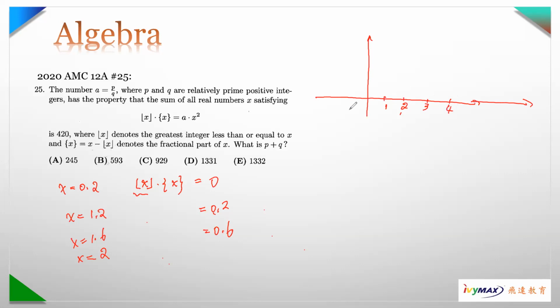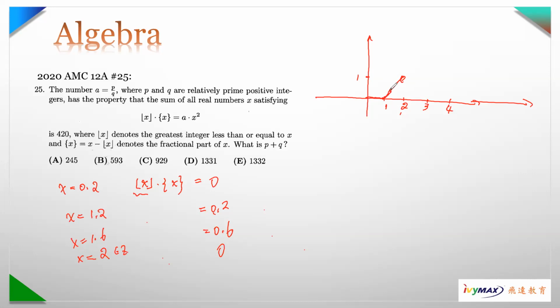Initially from 0 to 1, that gives you 0. And 1 to 2, okay? It will increase linearly before it reaches 1. But when it reaches 2, it just drops back to 0. We know that for all the integers, the output should be 0. That gives you a segment between 1 and 2.